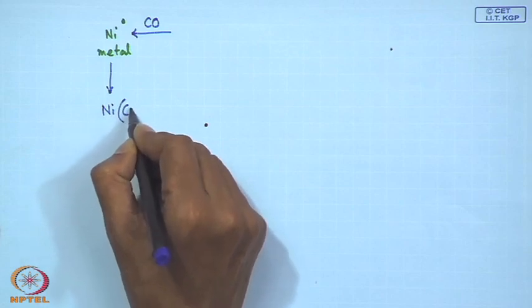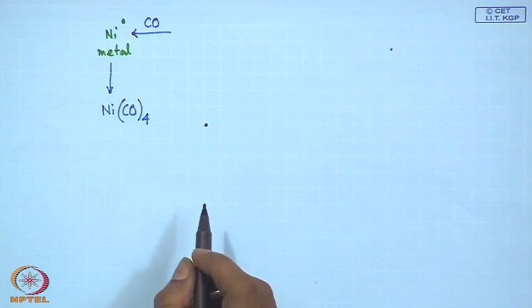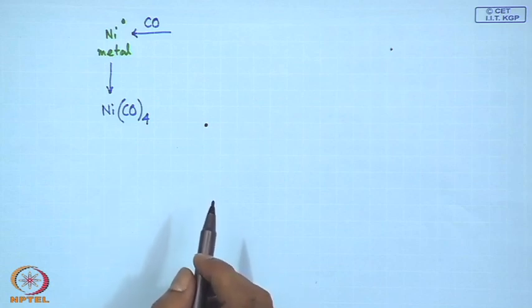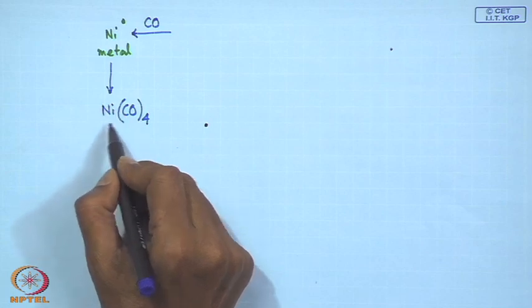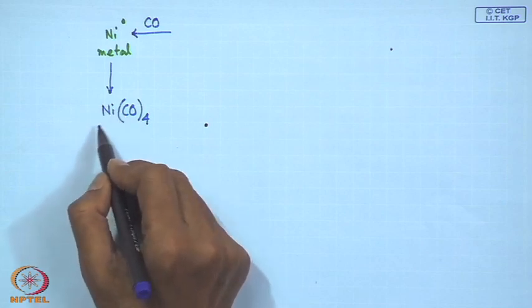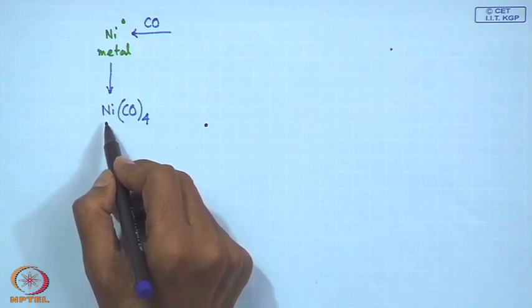Mond first discovered that. So, from the carbon side we have the lobe, which is donated to some of the empty orbitals on the nickel atom.